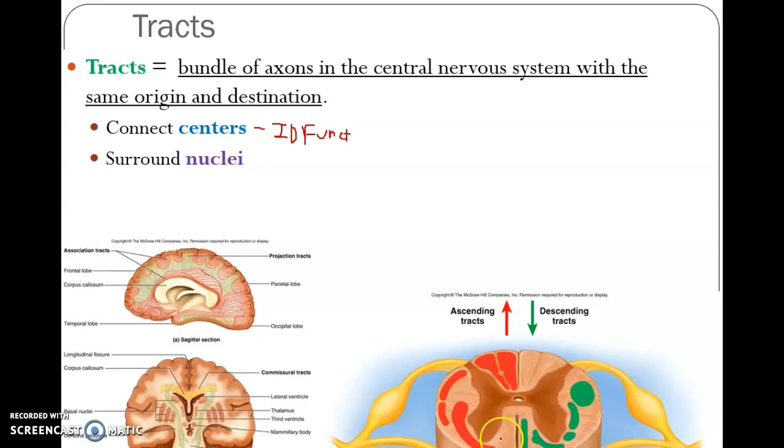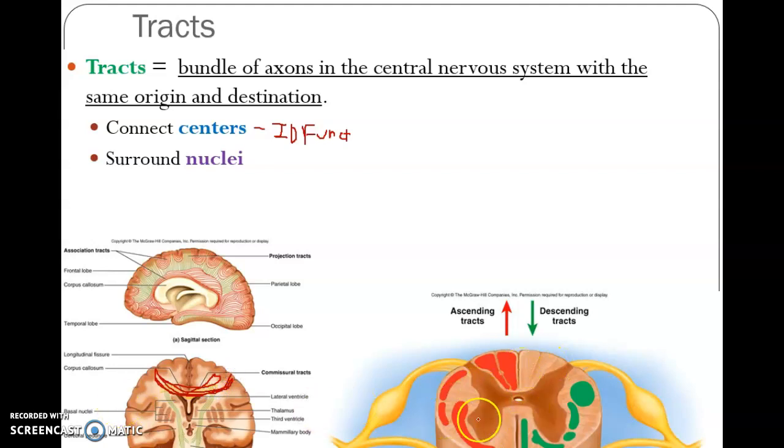Gray matter surrounded by white matter. So this right here in the spinal cord is nuclei. So tracts bridge centers and nuclei. So right here, we have this humongous tract that connects the left and the right brain. It is called the corpus callosum, and it's connecting left and right.